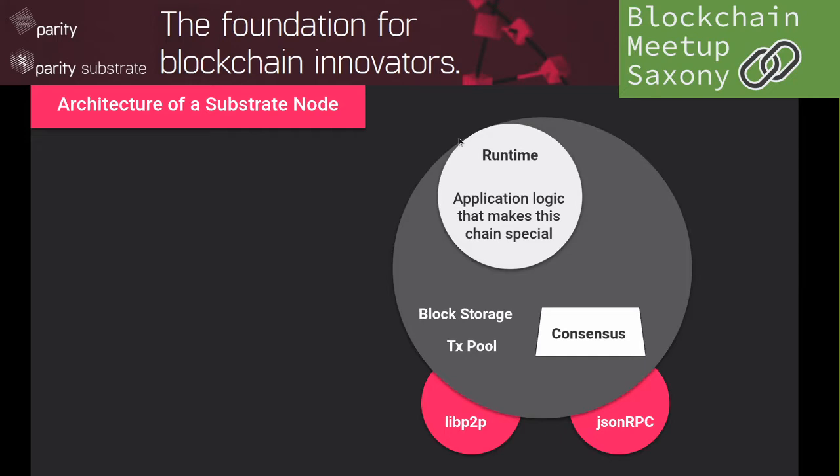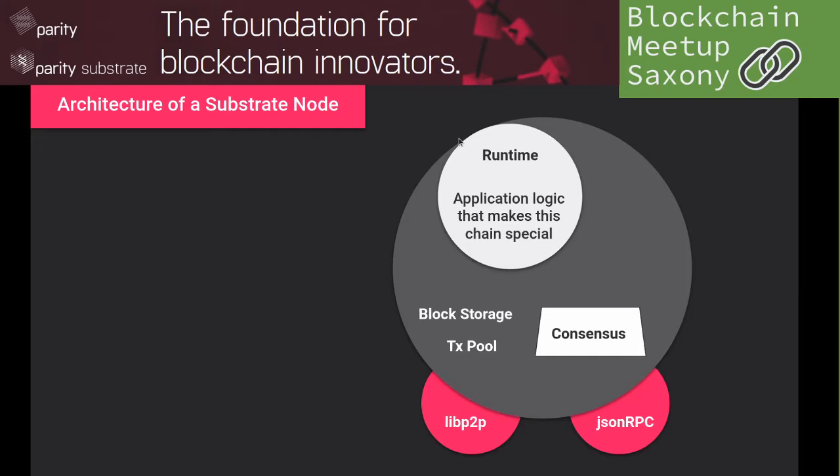Or if you think of some of these use cases that people talk about in the traditional political system, you might think of a voting application. Then the runtime would be: citizens of whatever state is using this application are allowed to vote. Each citizen can vote once per election. They can't vote twice, they can't cast other people's votes, and non-citizens can't vote, and all that stuff.